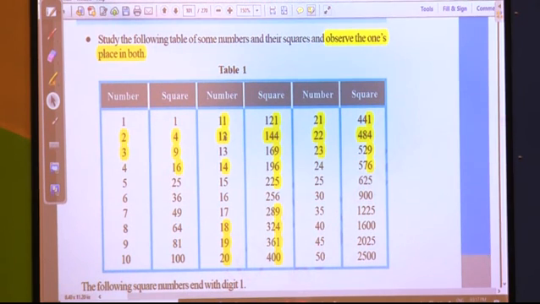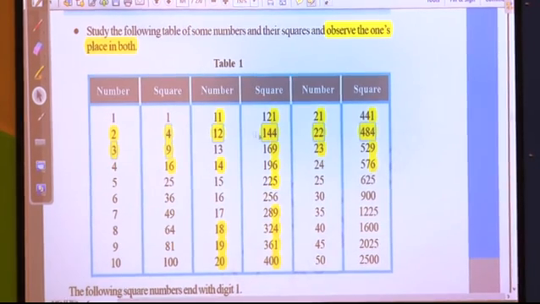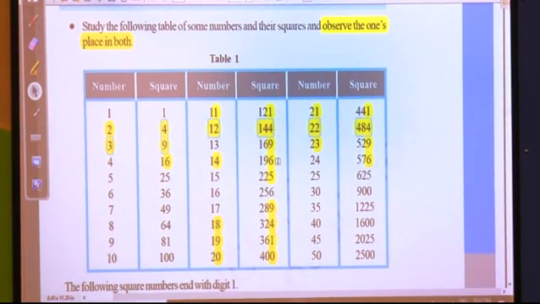Let us see the even numbers. 12, square 144, even. 14 square 196, it is even. 18, 324, even. 20, 400, even.